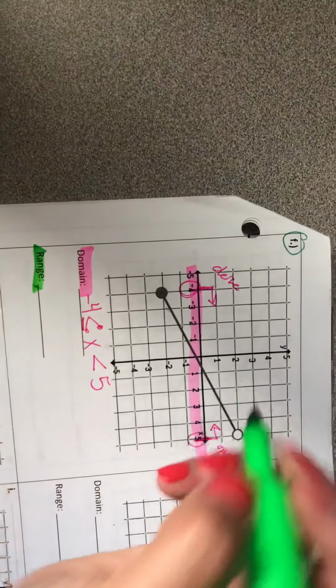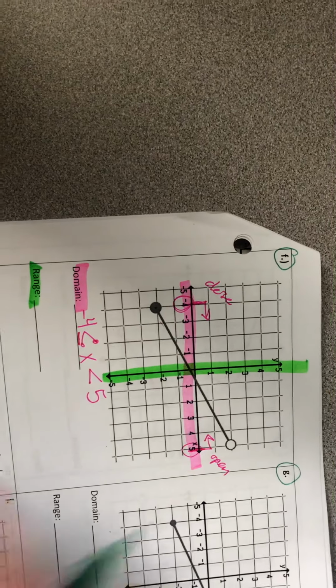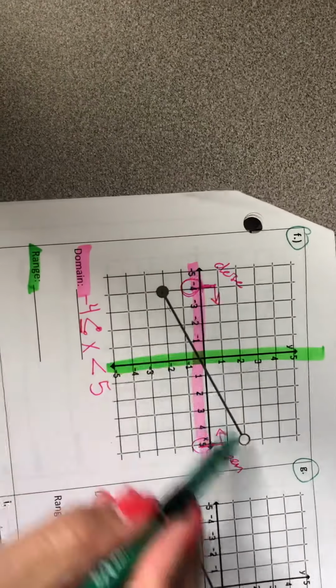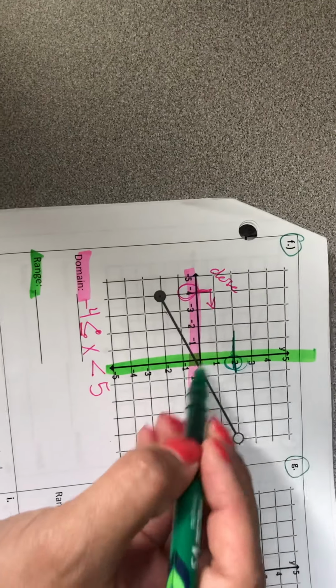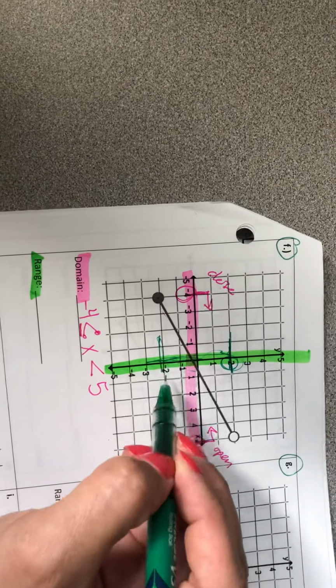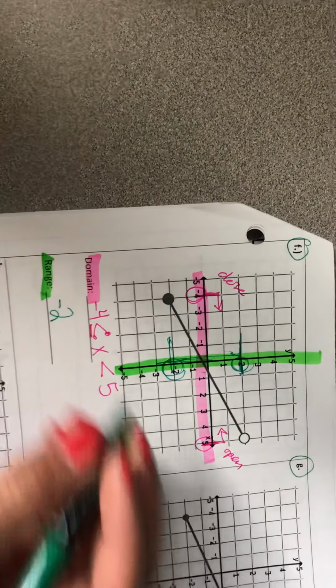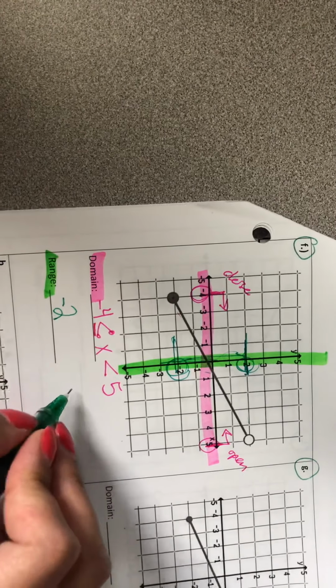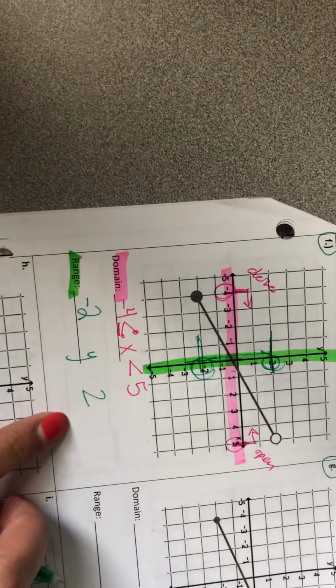My range is this. For my range, this goes from 2 all the way to -2. So from 2 to -2. I usually put the least number first and then the greatest number on the right.